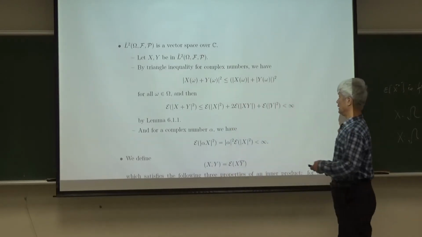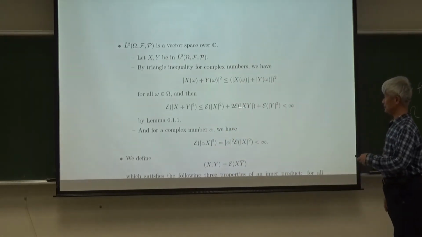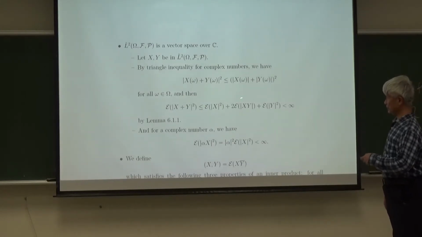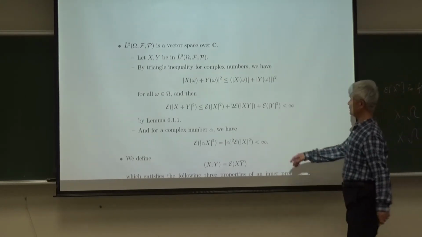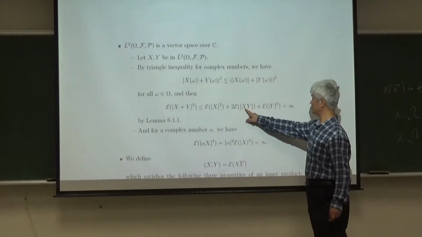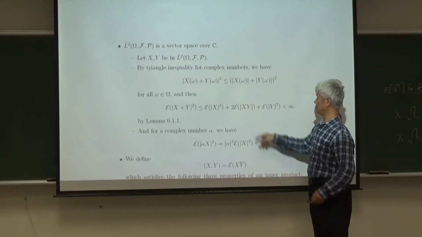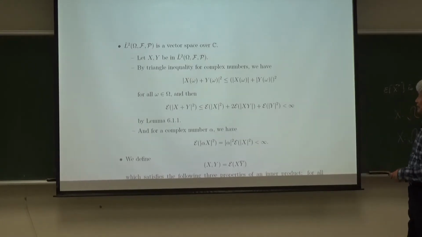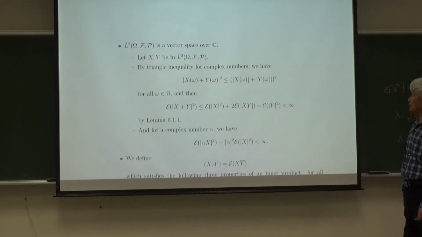We find this is the upper bound, but the expectation of the absolute value of the product of x and y is finite by the Schwarz inequality. So the three terms are finite, and so their sum is finite.